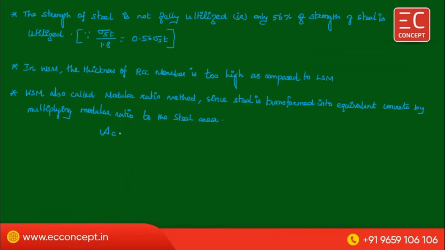Here, the transformed section area Ac, which is the area of concrete, is equal to m times the area of steel. So this is the transformed section area.